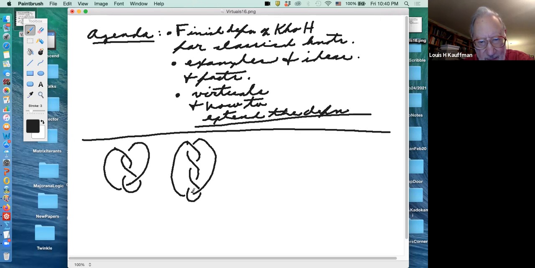I can unknot this by switching that crossing. I'm giving you a sequence of knots with unknotting number 1. Each one has unknotting number 1, and they're all rather similar in their composition.